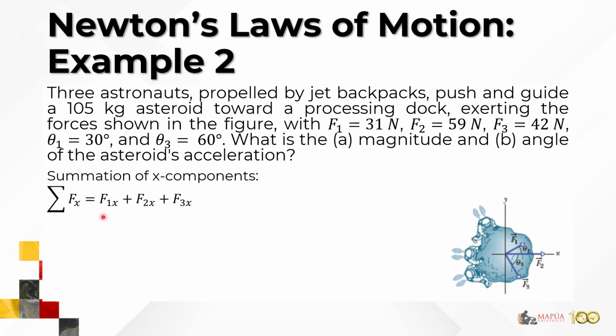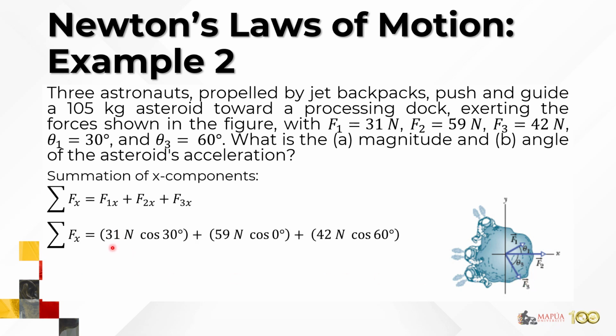Okay, and then we have to determine how to get the x components of each vector or each force in this asteroid. Again, remember that x component is the horizontal component.